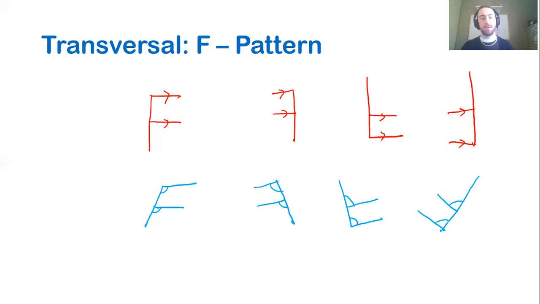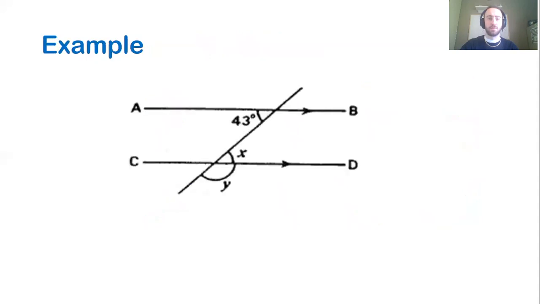So we're going to add the Z and F patterns to our so-called toolbox in helping us find missing angles. Let's give one a try together.